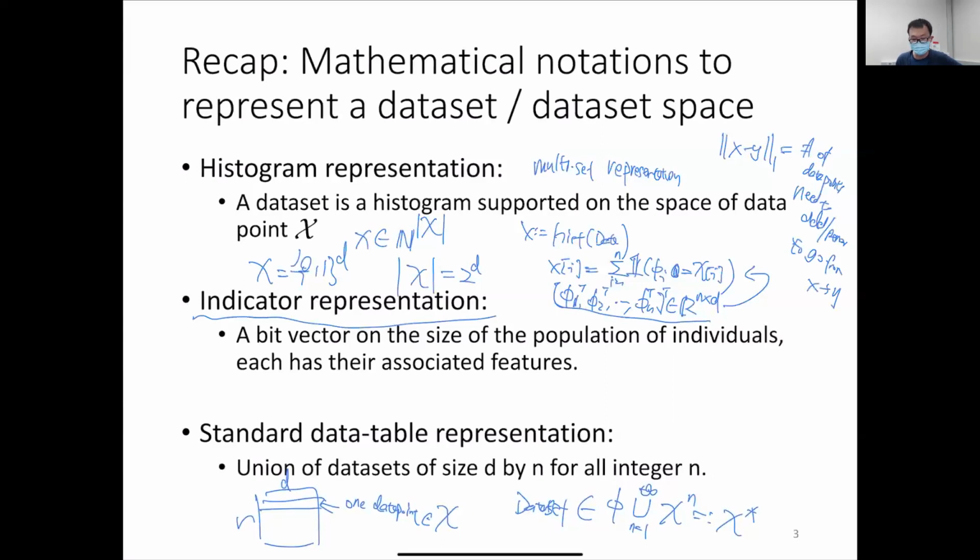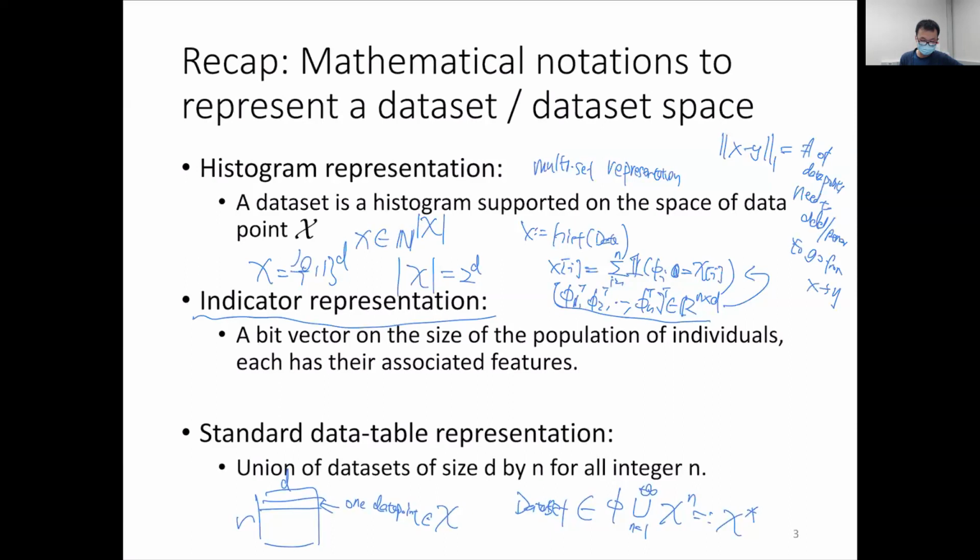So this is a convenient representation that allows us to say that if the one norm of the difference between the two data sets in histogram representation is smaller than one, then these two data sets are neighbors, right? And it helps us define the neighboring relationship in terms of add or remove.